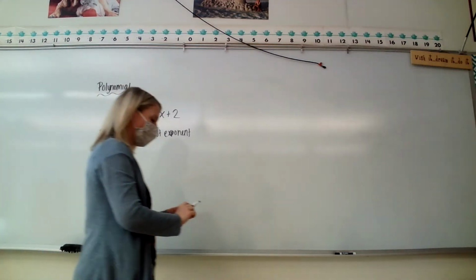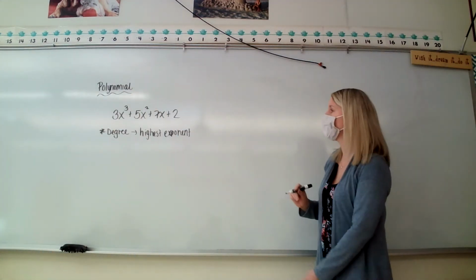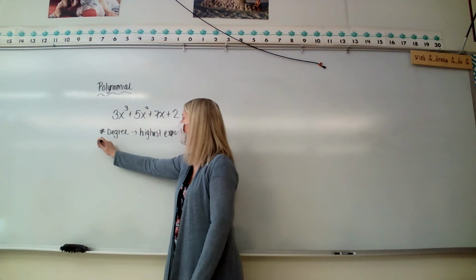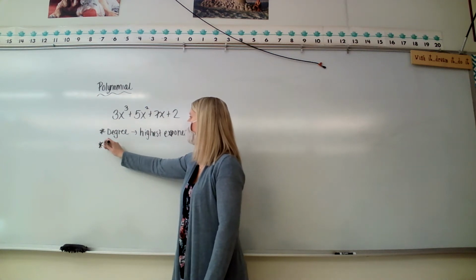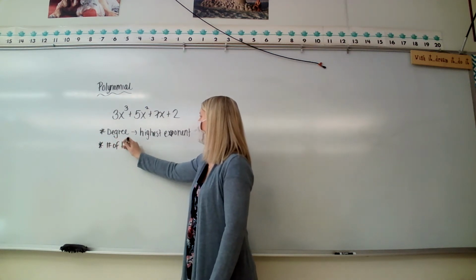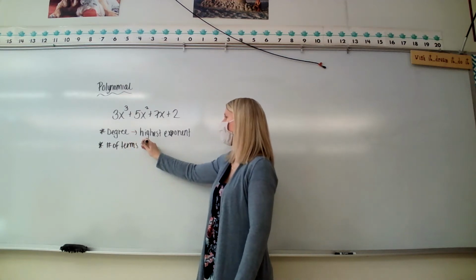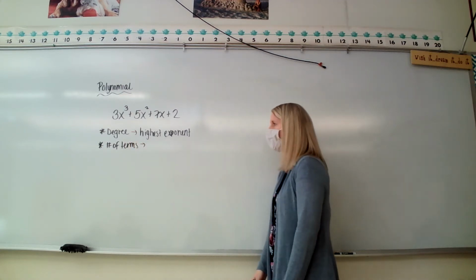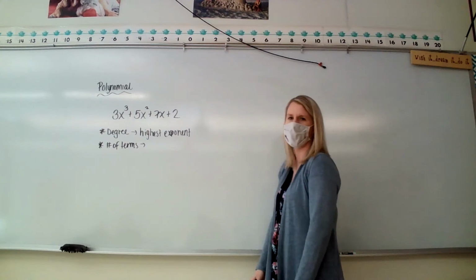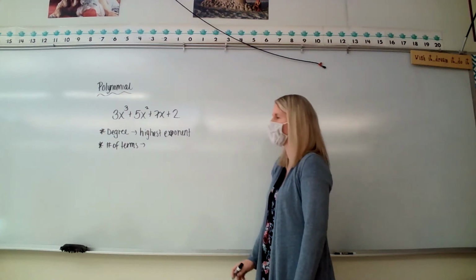All right. Another thing that we talk about is the number of terms. That's literally just how many terms are connected with addition or subtraction. I don't even really know how to define it. That is the definition.